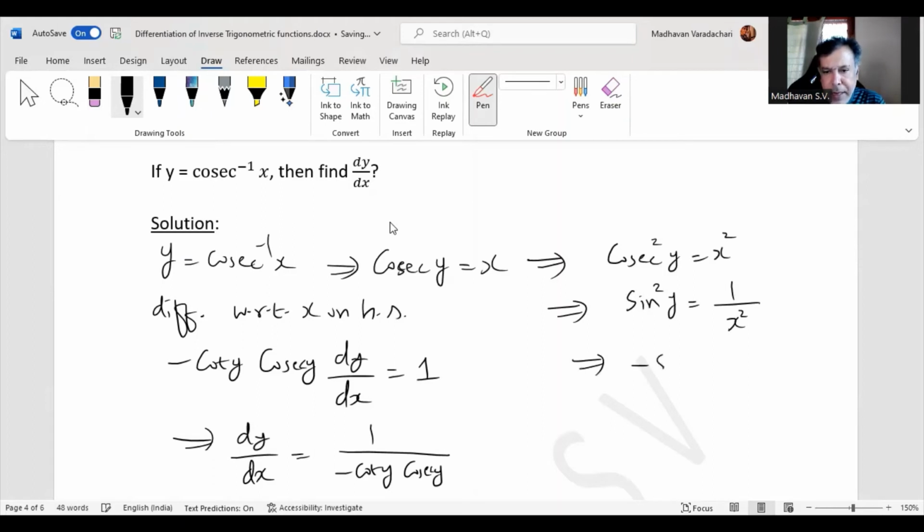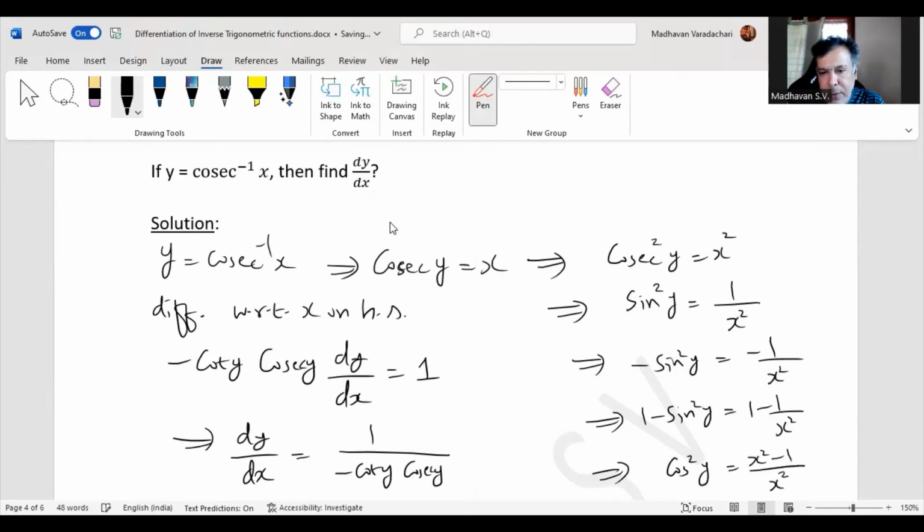And then minus sine square y will be minus 1 by x square, which means 1 minus sine square y is 1 minus 1 by x square, or cos square y equal to x square minus 1 by x square.